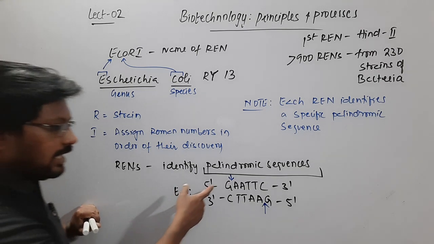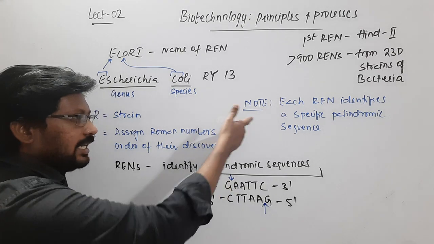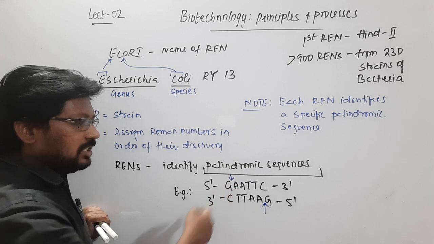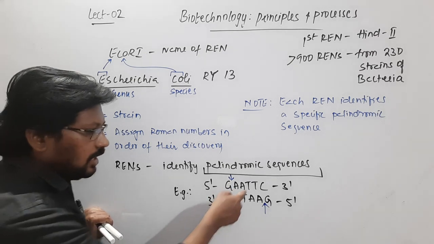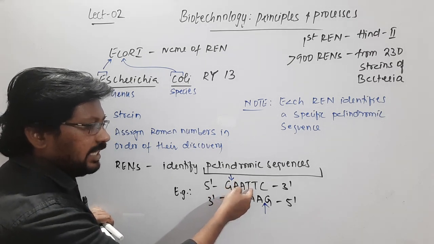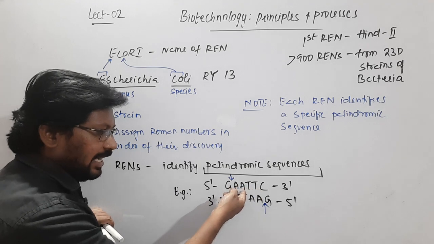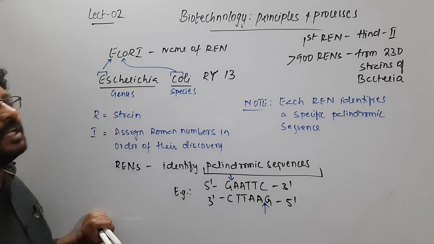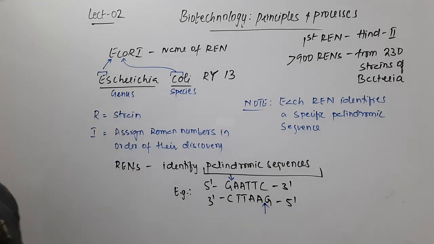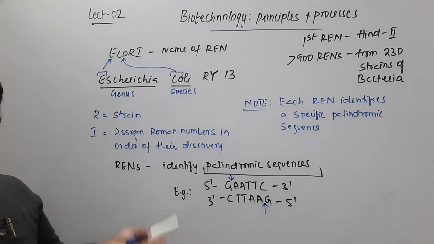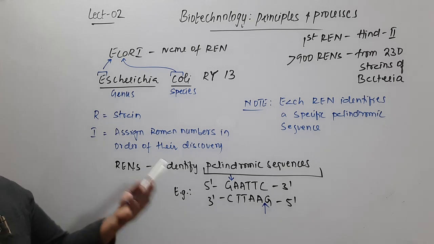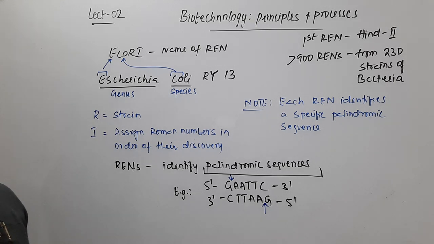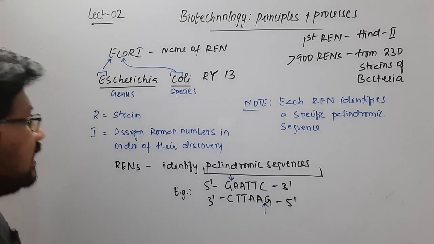Don't think that every restriction endonuclease will cut between G and A only. Some may cut between T and T, between T and C, between A and T. There are several combinations. We have more than 900 restriction endonucleases with various palindromic sequences, and the cut points will also be different.